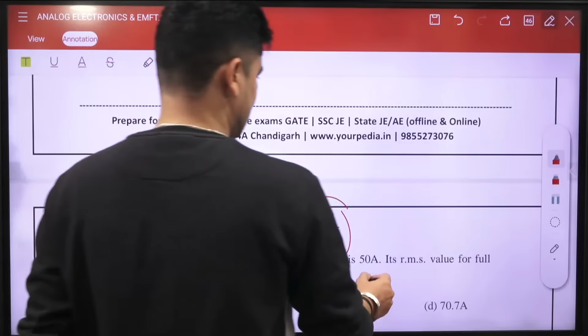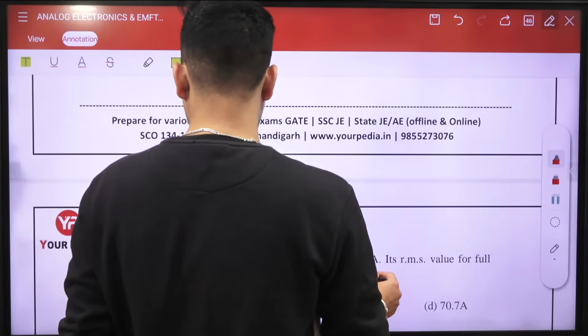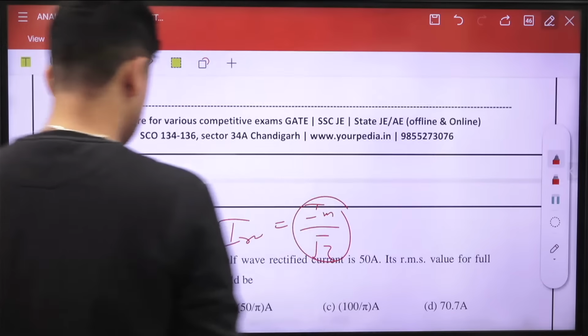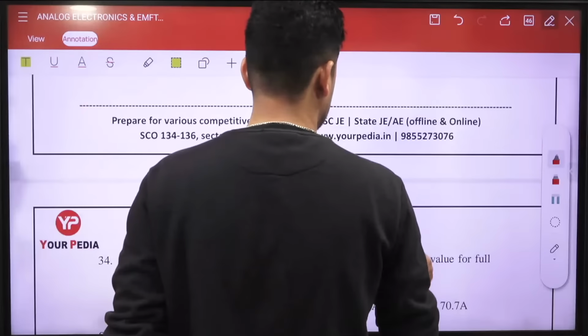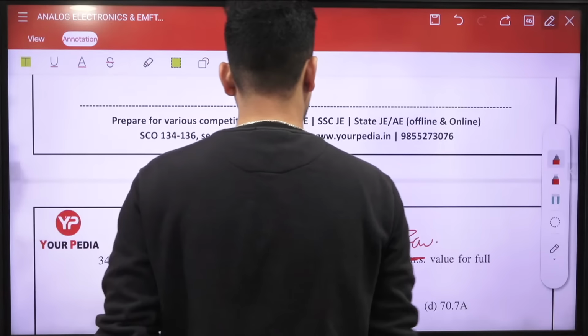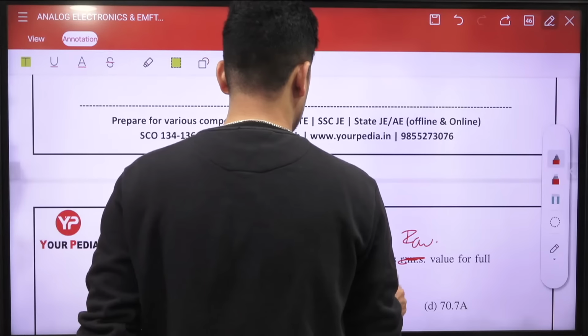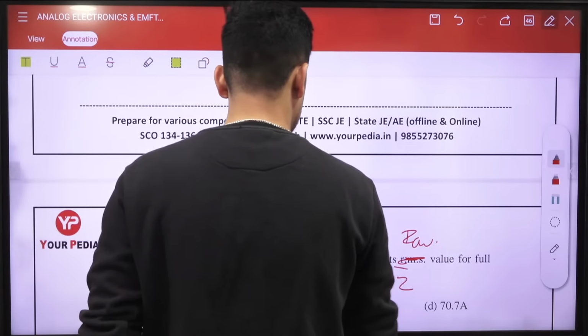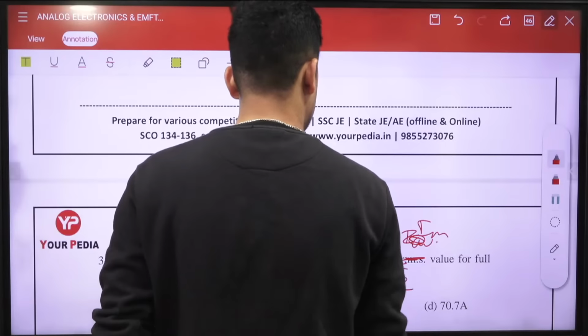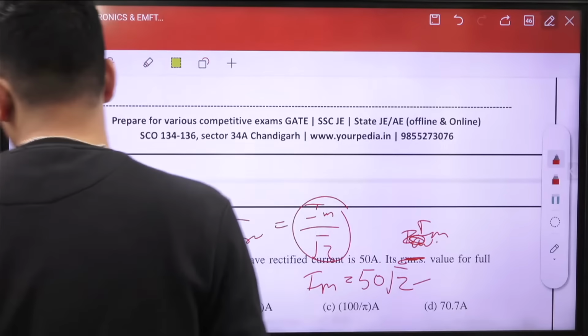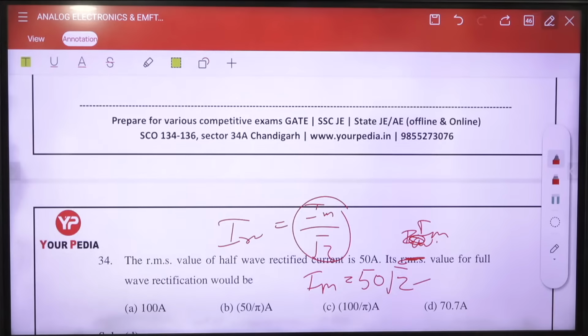So he is asking the RMS value. Oh, sorry, he is asking for the average value, not RMS. So the average value is going to be 50 root 2. Average or maximum, not average, maximum you can say. So that's going to be 70.7. 70.7. Check.